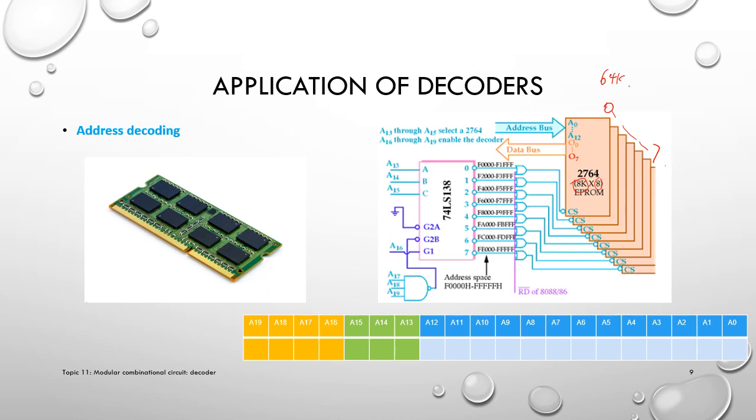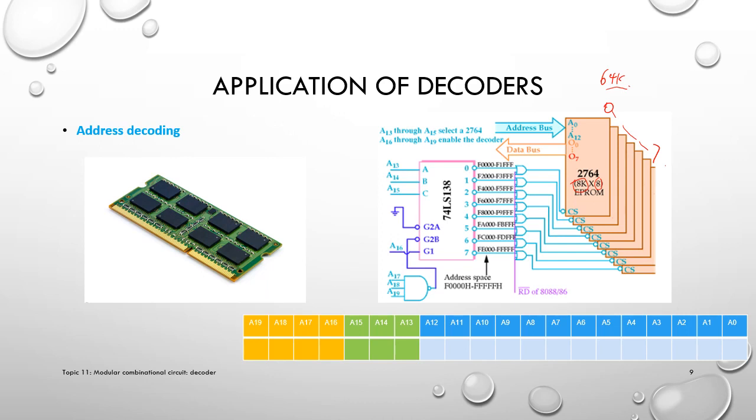In order to find the specific location to read the data, we need the address bus. In this case, because we have 64K different locations, we need a 20-bit address bus here.